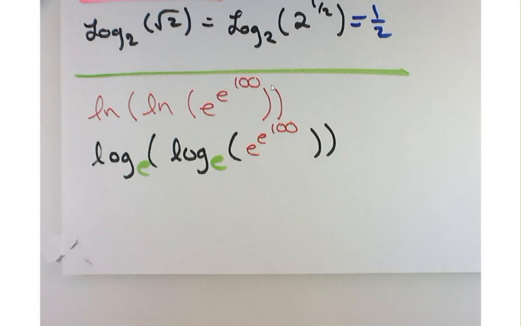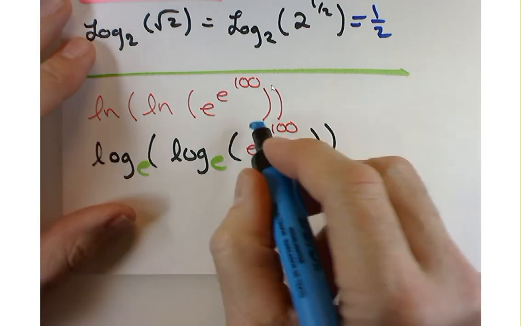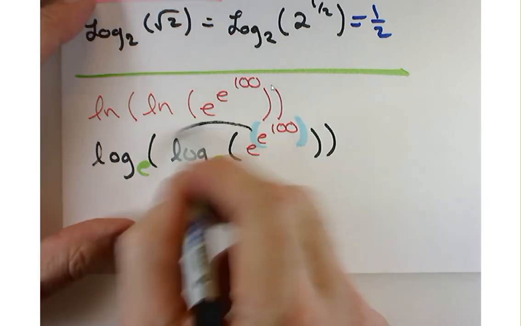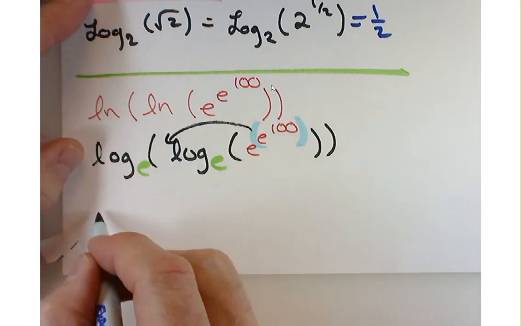The question is, what's the power in this problem? Where is my exponent? It's the whole thing in blue there. It's the e to the 100th. So that's what's going to come out in front. And let's be careful where it comes out in front. It's going to come out in front of this logarithmic term.